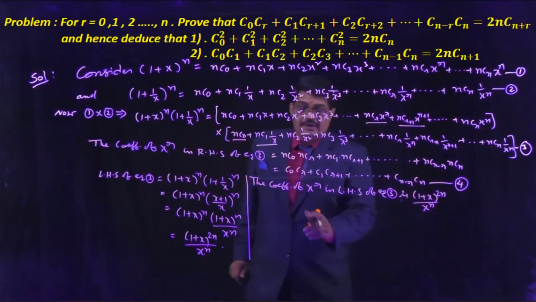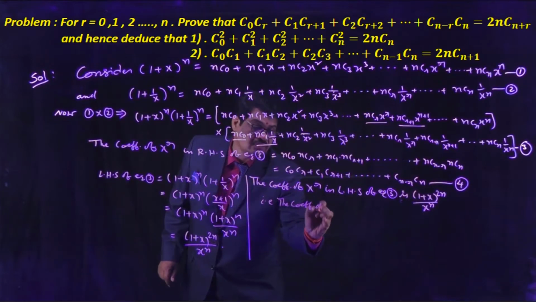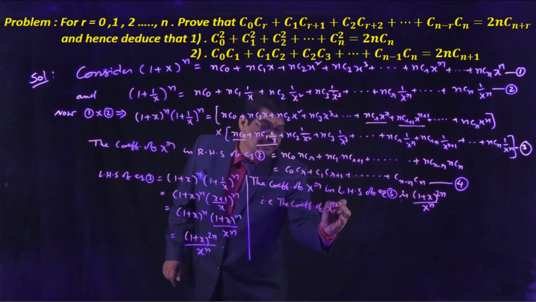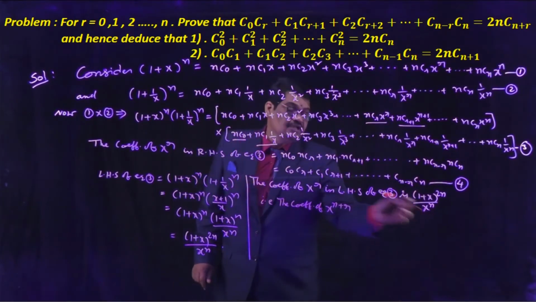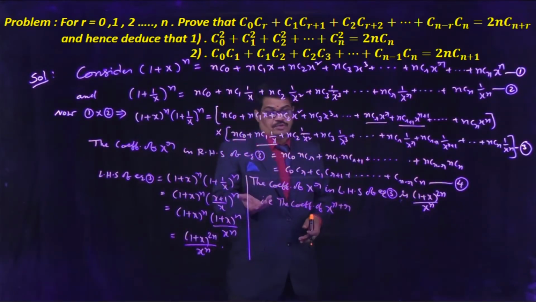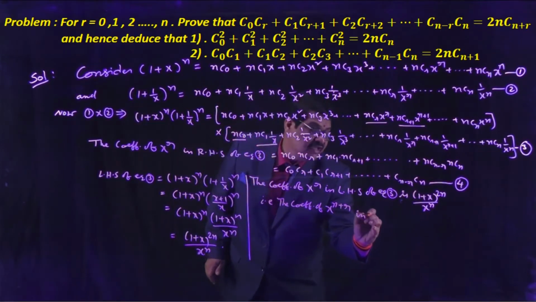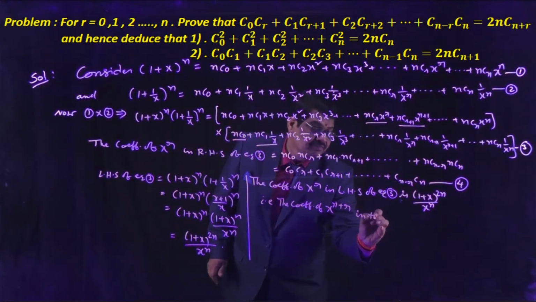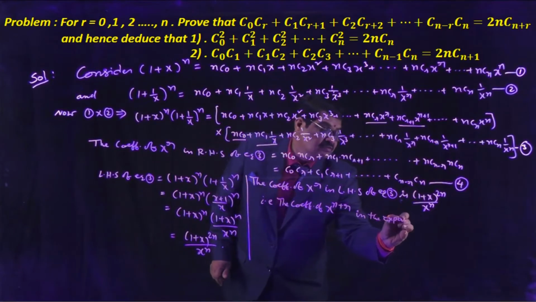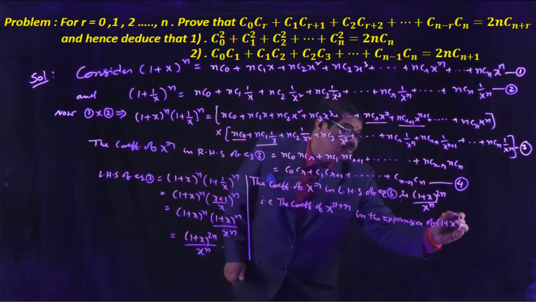That is nothing but the coefficient of x to the power of n plus r. This x power n moves to this side, then we get x to the power of r into x to the power of n, that is x to the power of n plus r, in the expansion of (1 plus x) whole power 2n.